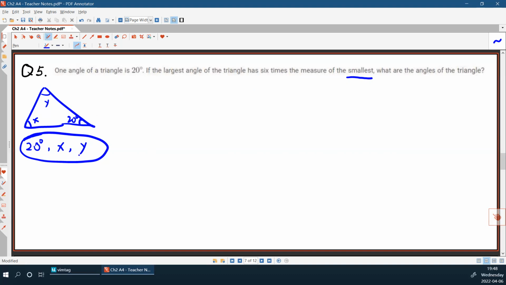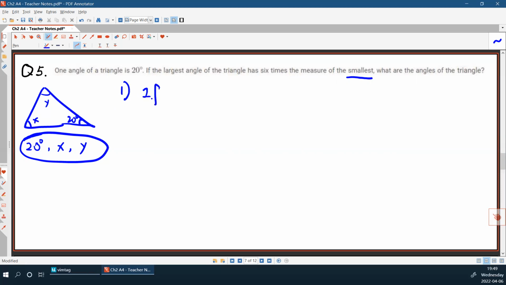If you don't know which one is the smallest, you must discuss cases. Remember, we have talked about this similar question a lot of times. If you can't decide which one is the smallest, you can just discuss 2 cases.